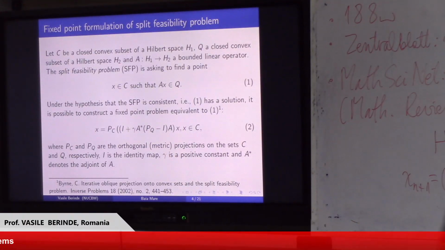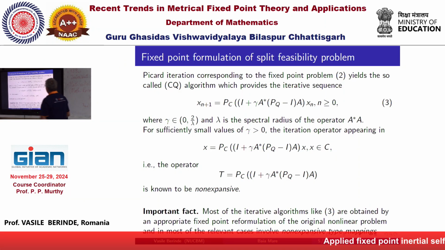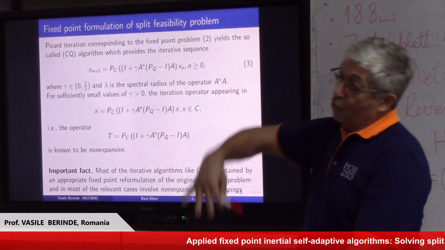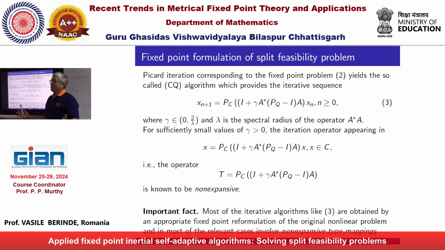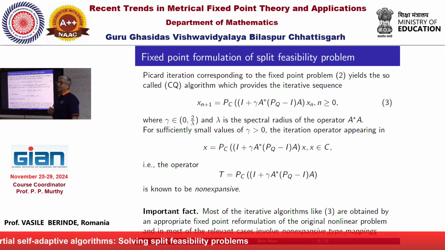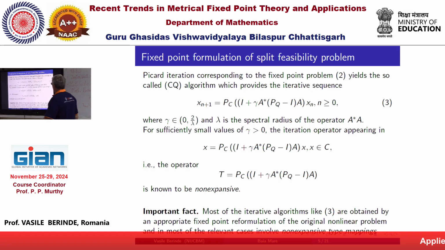So it follows that the operator we have here is non-expansive. So at this moment we are in the family of non-expansive type mappings, and we are done. We know a lot about how to approximate fixed points of non-expansive type mappings, so we can use a convergence theorem and resolve the split feasibility problem.